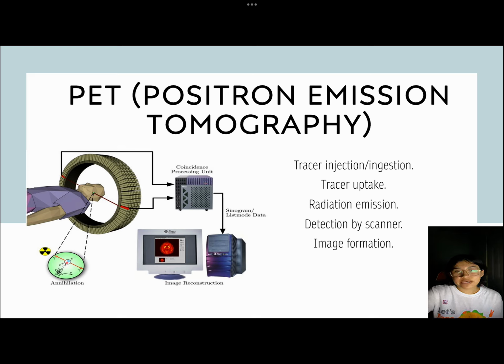The detectors convert these gamma rays into visible light photons and then into electrical signals, which are then processed by the scanner, and then the image is formed. The scanner measures the time it takes for the photons to reach the detectors, and then we get the pictures that I showed before.